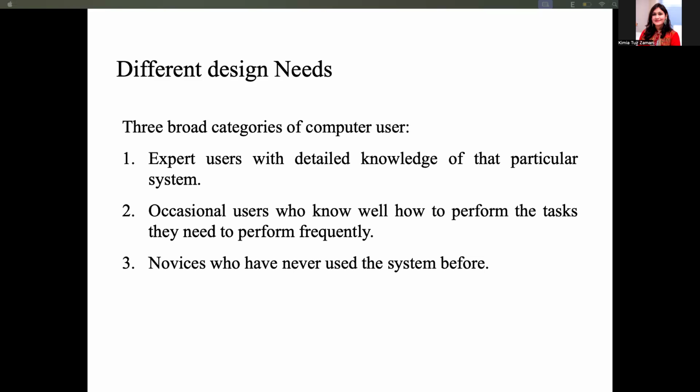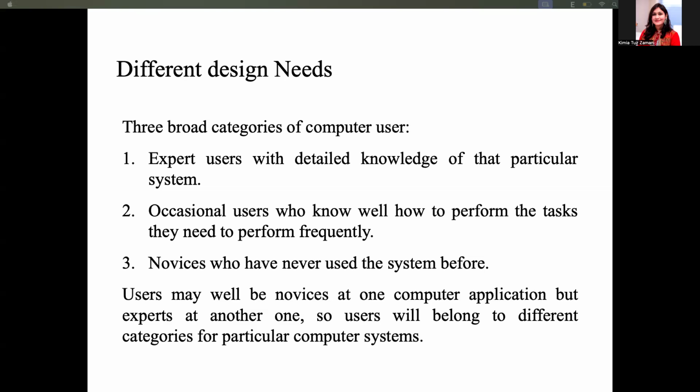Think of an app like Photoshop. It is amazing for experts, but it might be overwhelming for new users, right? But Canva, on the other hand, anyone can use it. So that's the power of HCI.